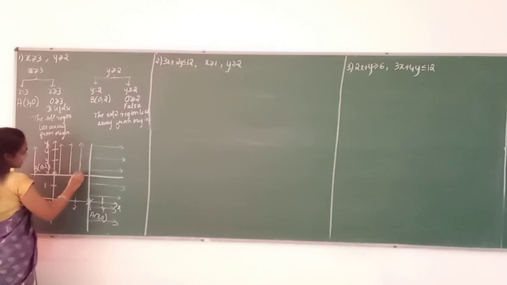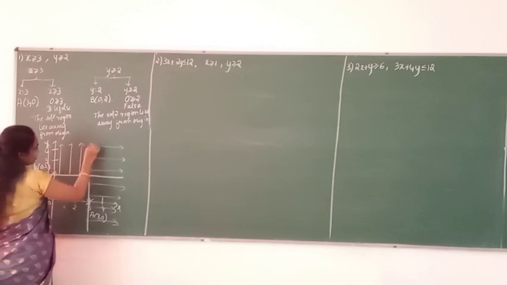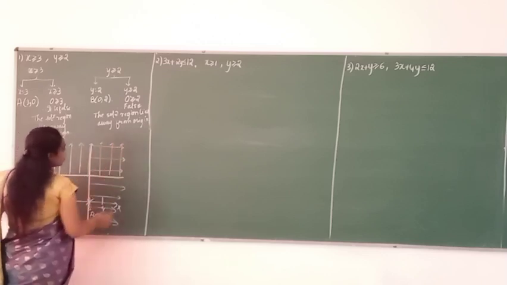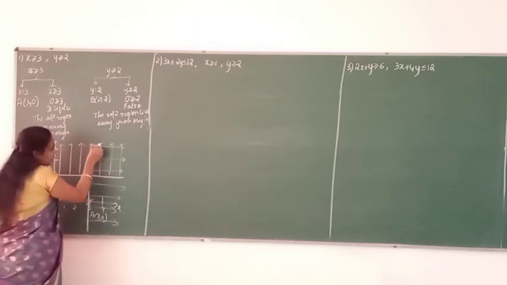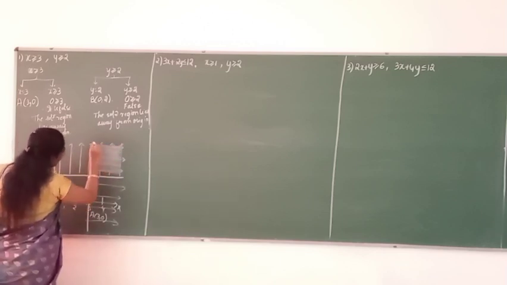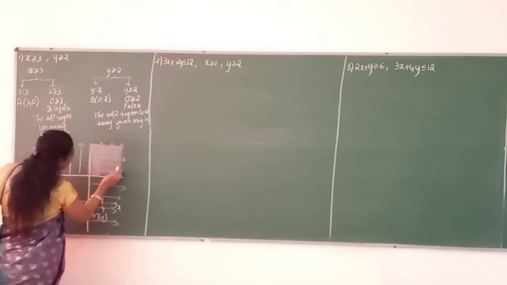I think it is very easy and simple for you all. Hope you are understanding whatever is taught here on the board. Now can you just check this part, which is common for both the inequalities.